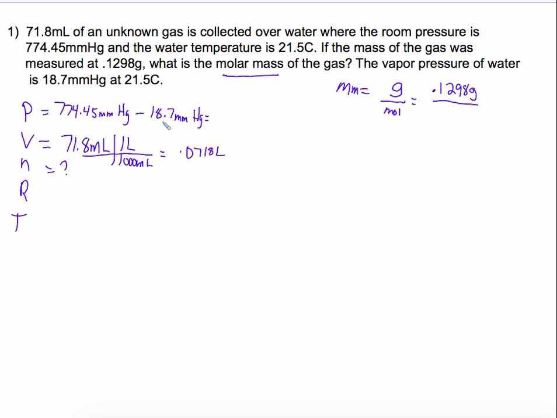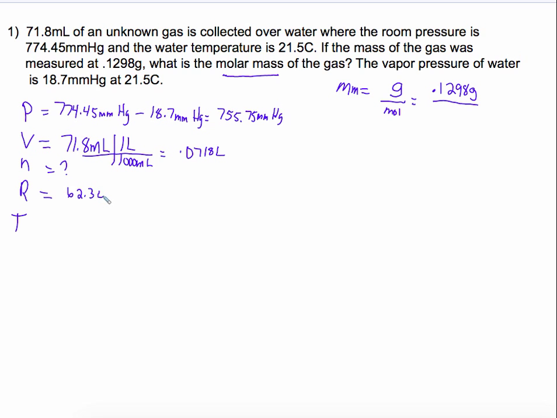To get the pressure of the gas that you want, you have to subtract the vapor pressure of water. If you do that, that equals somewhere around 755.75 millimeters of mercury.